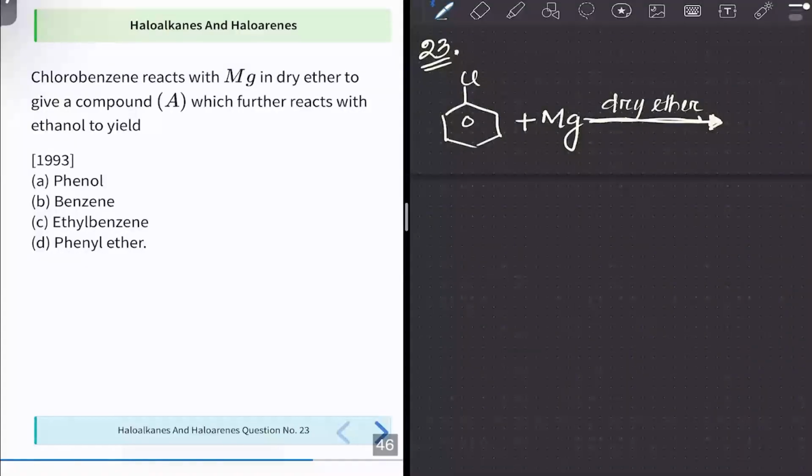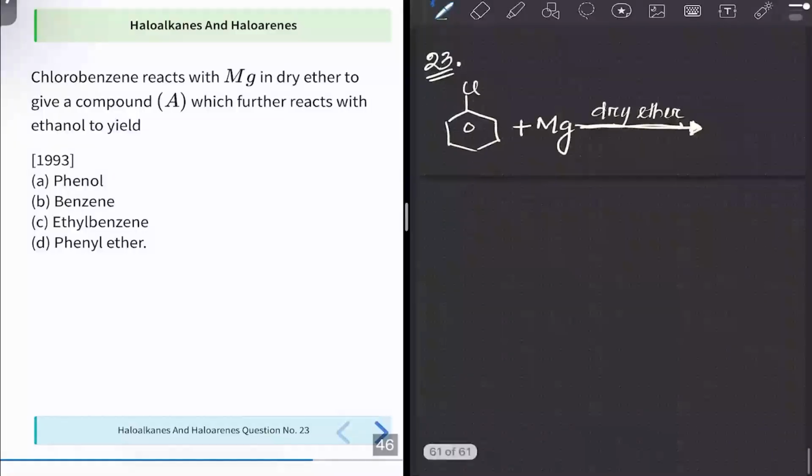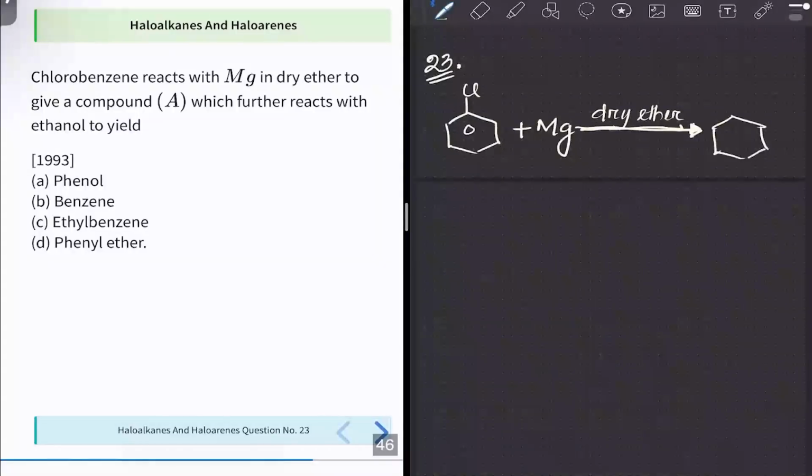What will be the product here? The magnesium will react like this. This is the Grignard's reagent.